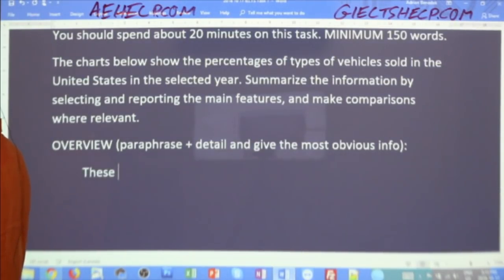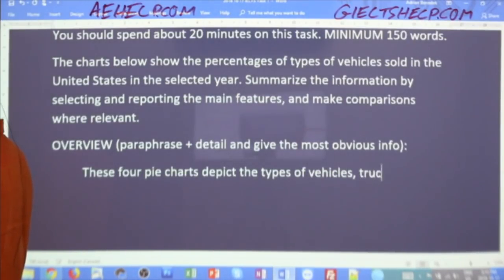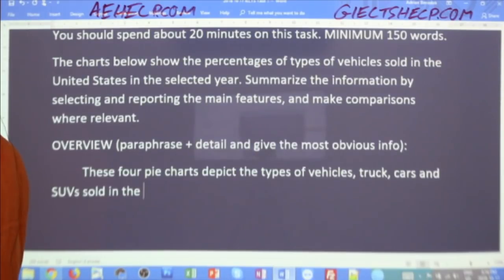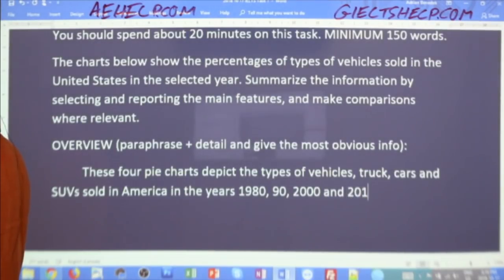So these 4 pie charts depict the types of vehicles, trucks, cars, and SUVs sold in the United States, or sold in America, in the years 1980, 90, 2000, and 2010.